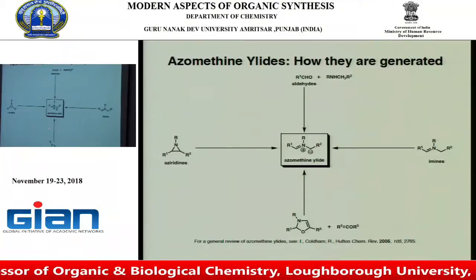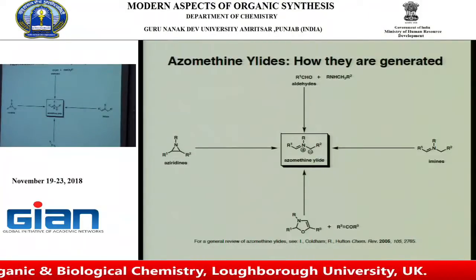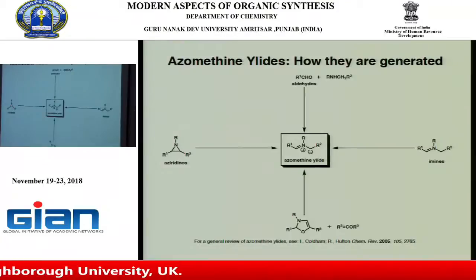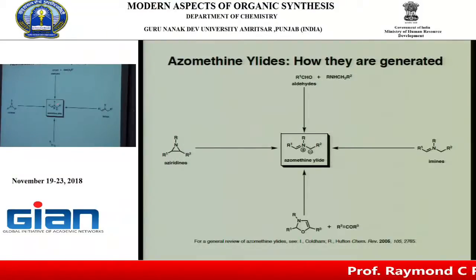You can also do cycloreversion ring opening here to form the azomethine ylides, but the two commonest ways of making them are from aziridines, which requires quite a lot of energy to get over the energy barrier to break the ring, or aldehydes and secondary amines.